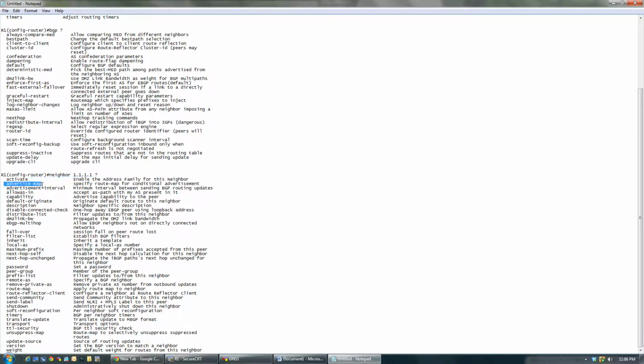Suppose advertise-map, just for example, is not covered in that workbook, so you have not used it. You have not learned about it. You don't even know that it exists, right? So you try following some other book in order to gain more knowledge, and then you stumble upon this advertise-map, and you say, oh my god, I'm learning something new.